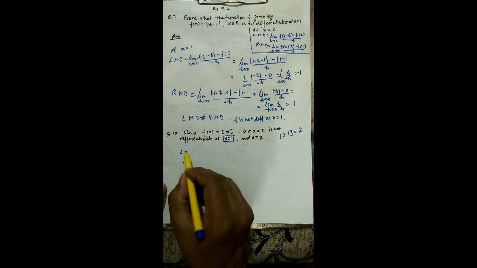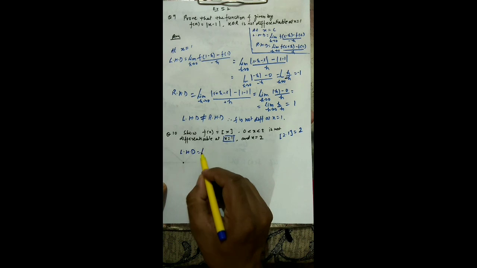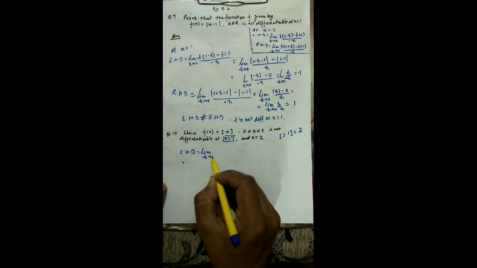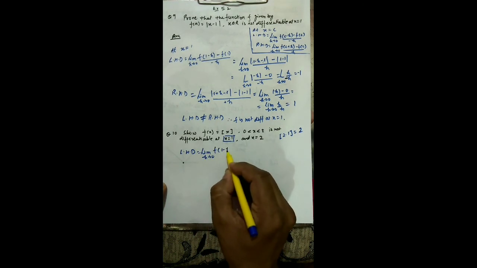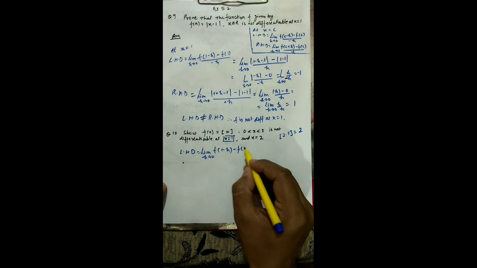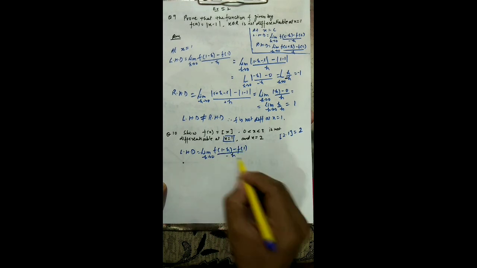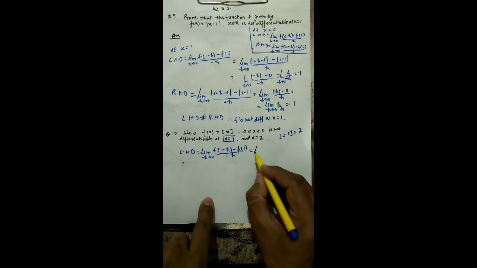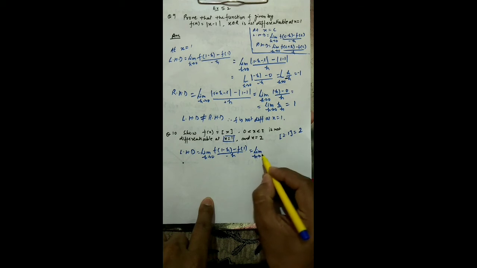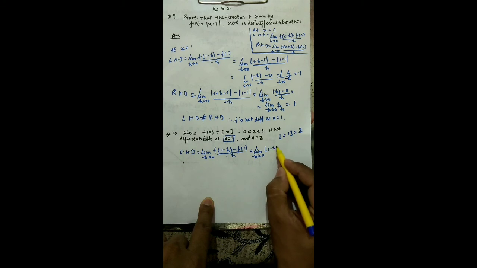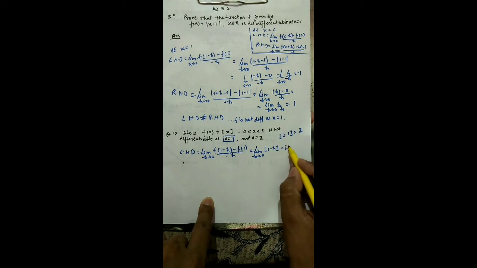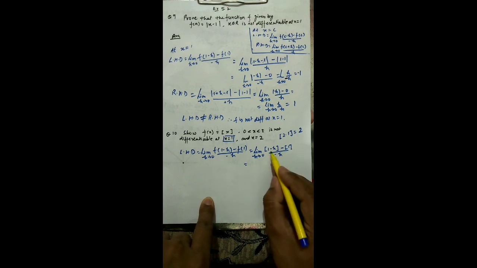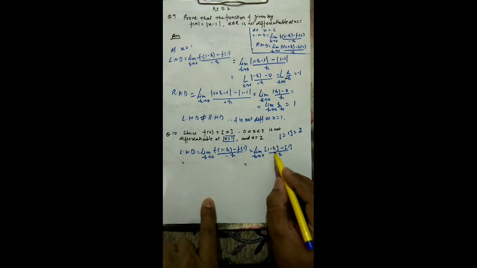You see that the left hand derivative I will write first: limit h tends to 0 of f(1 minus h) minus f(1) upon minus h. So put this value: f(1 minus h) will be the greatest integer of 1 minus h, and this is f(1), upon minus h. So 1 minus h means you are subtracting some small number from 1.